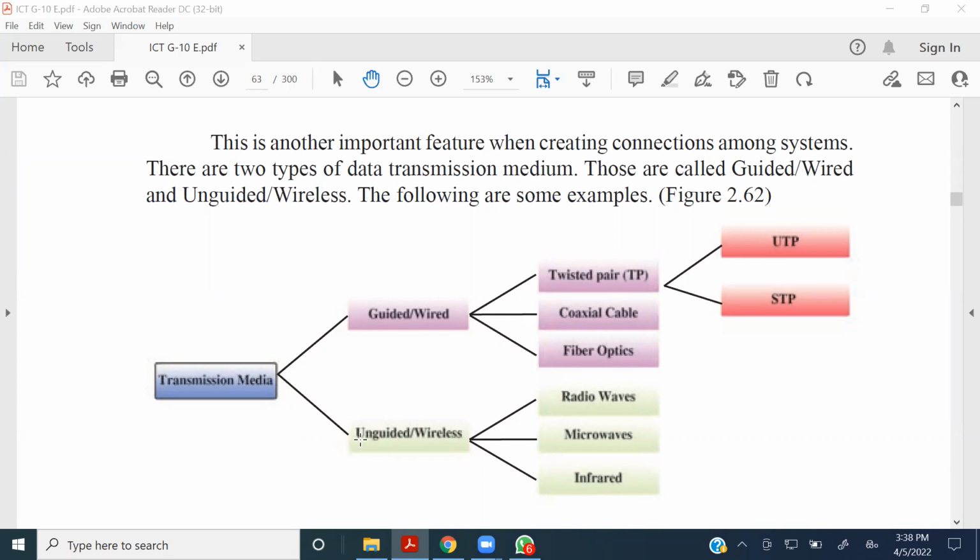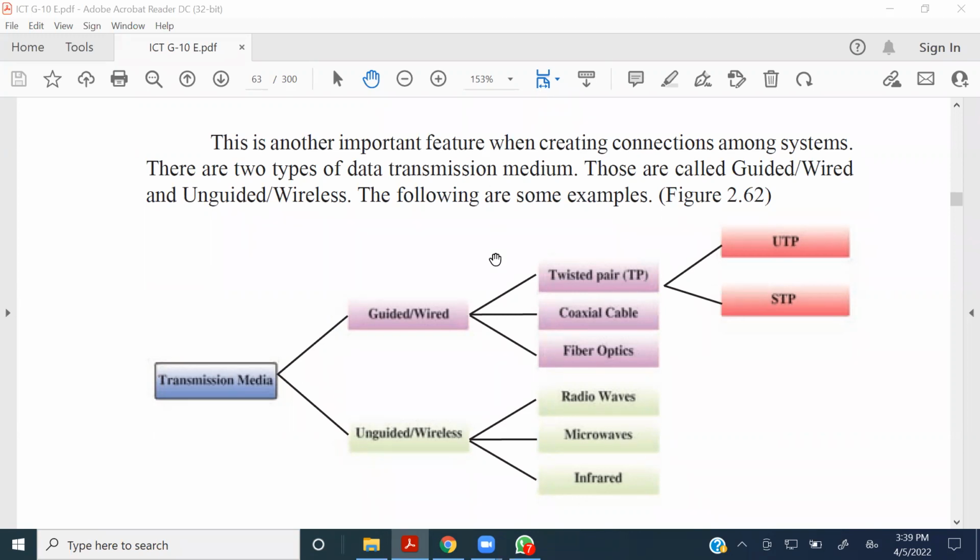Regarding wired or guided communication, we are talking about three different types: twisted pair wires, coaxial wires, and fiber optics. And regarding wireless communication, we are talking about radio waves, microwaves, and infrared. There are many other wires and signals we can use in these categories, but for the moment we are just talking about this.